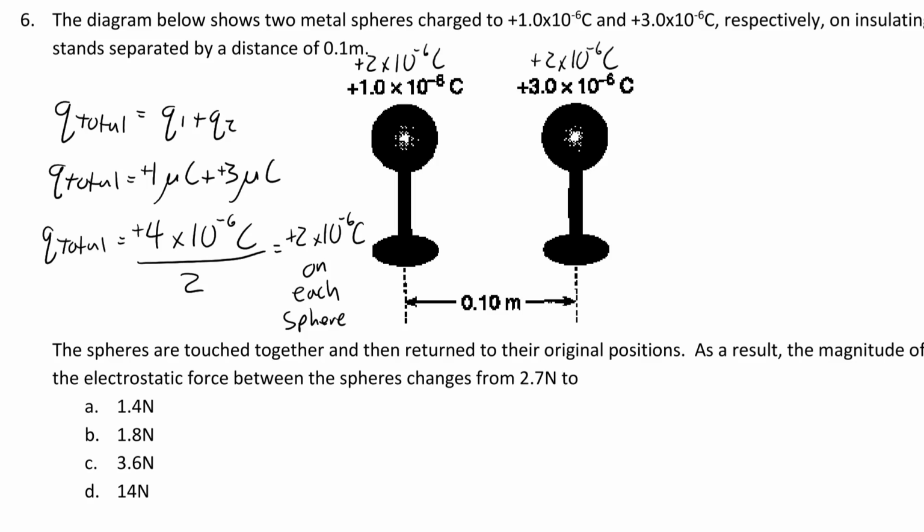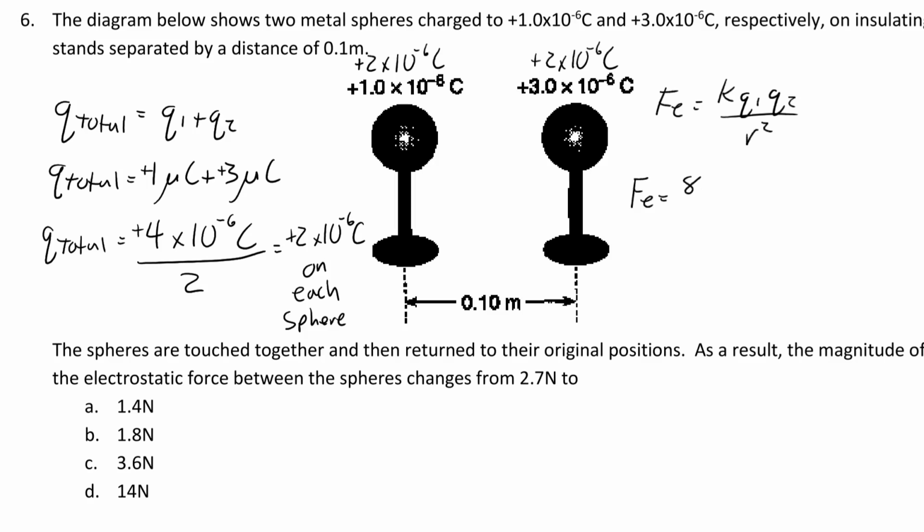So this 2.7 newtons, they're basically telling you if you did Q1, Q2, and R squared, you get an answer of 2.7 newtons. But it's not going to be the same. It's a different magnitude. So you want to do Fe is equal to K Q1 Q2 over R squared.